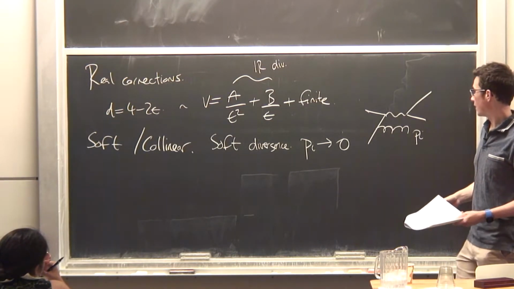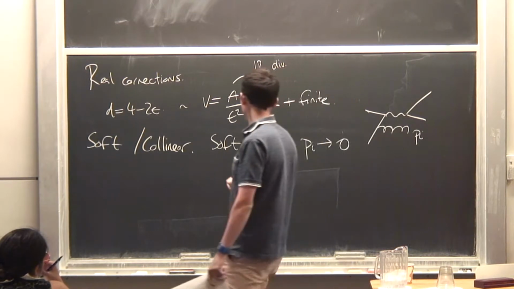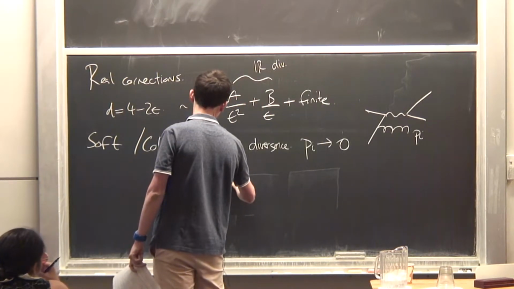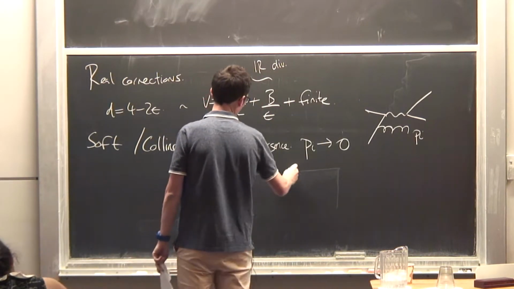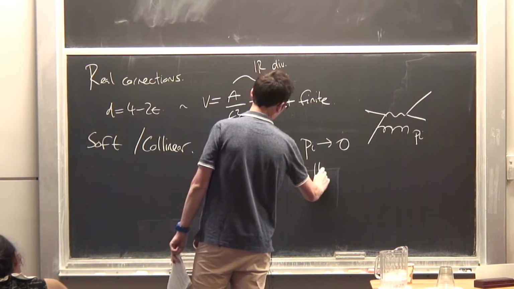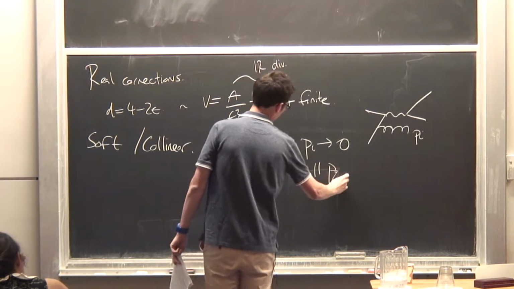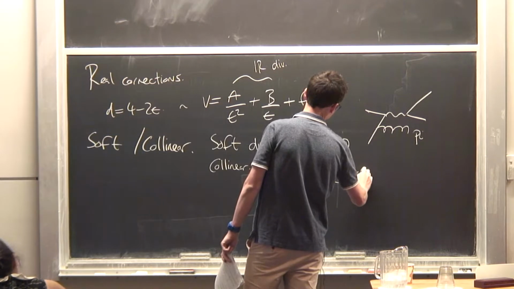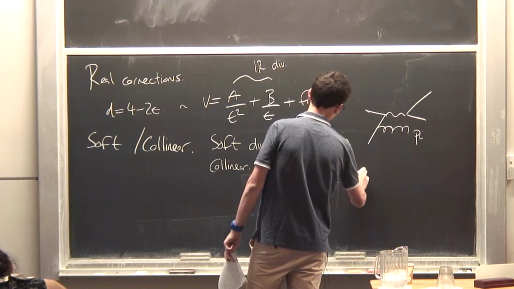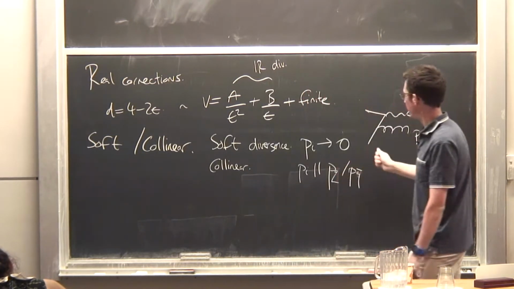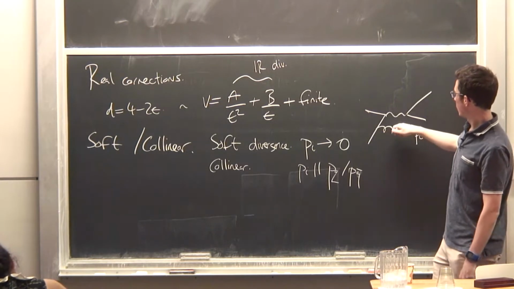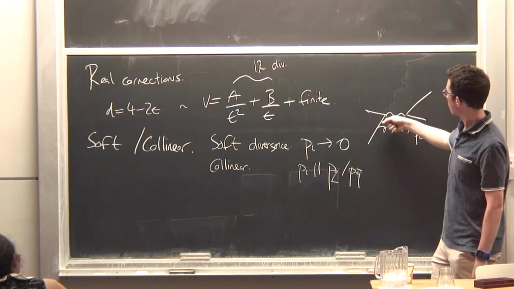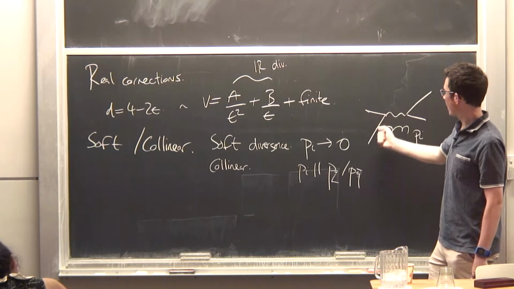Now the other type of singularity that we have is a collinear one. And that is when pi becomes parallel to the quark momentum or the anti-quark momentum in our scattering here. So that would be where the gluon travels in the same direction.